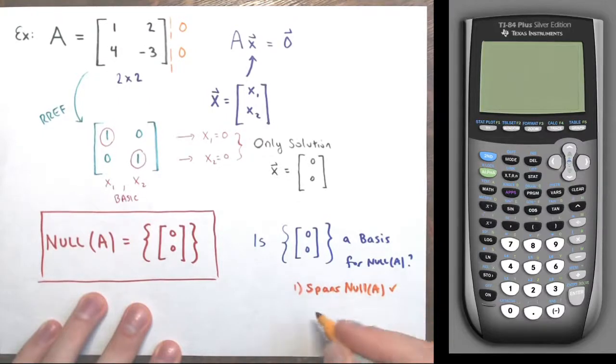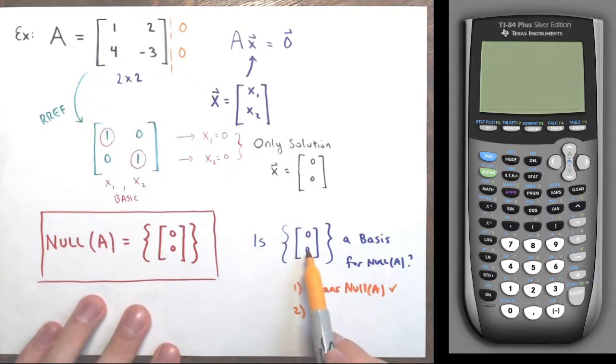But is it linearly independent or dependent? If I were to take a multiple of this and set it equal to the 0 vector, would it only have the trivial solution, right? If I were to take say x1 times 0 0, and say, when is that equal to the 0 vector, 0 0?